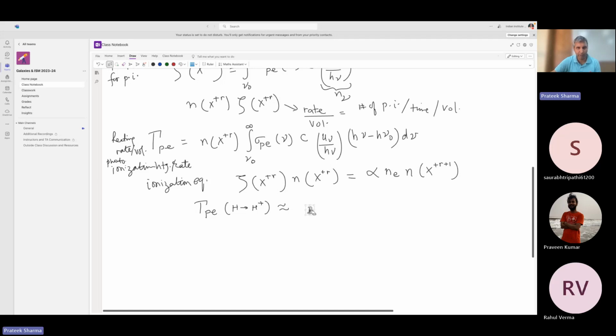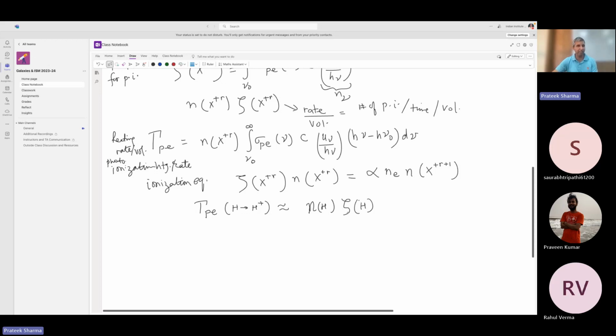Before writing this in terms of the recombination coefficient, let me write it in terms of this. This is equal to n H times, say, zeta H.